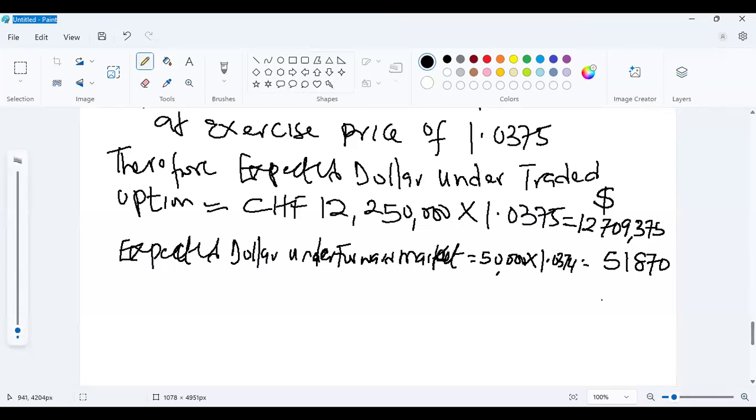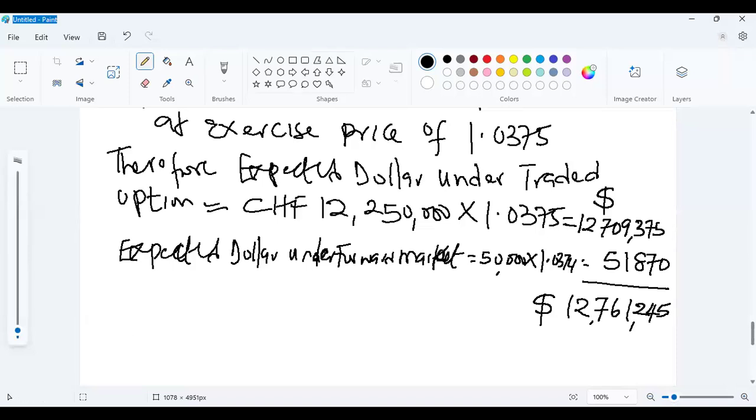You can now add these two together. What do we have, please? 12,761,245.